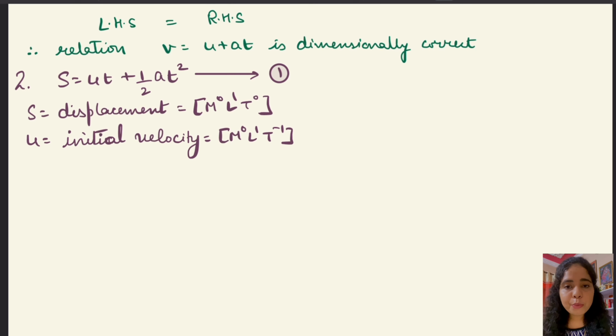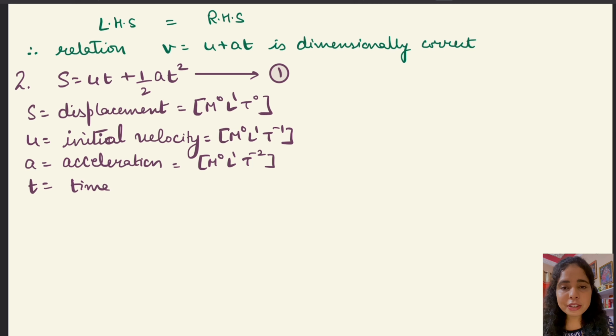The dimensional formula for velocity is M0 L1 T minus 1. Similarly, the dimensional formula for displacement is M0 L1 T0, for acceleration we have just discussed that it is M0 L1 T minus 2, and for the time period the dimensional formula is M0 L0 T1.